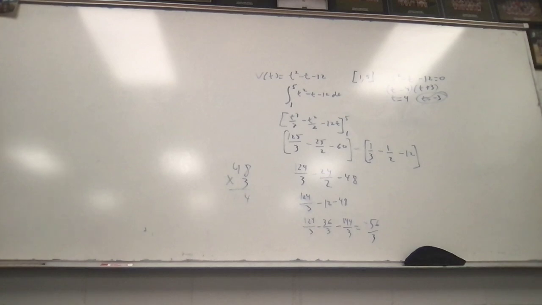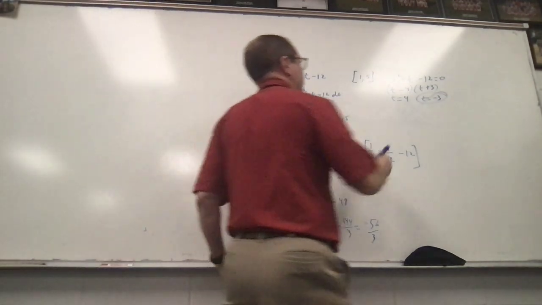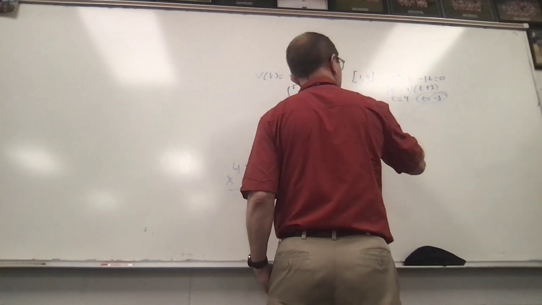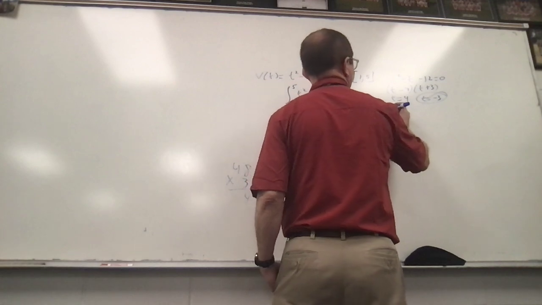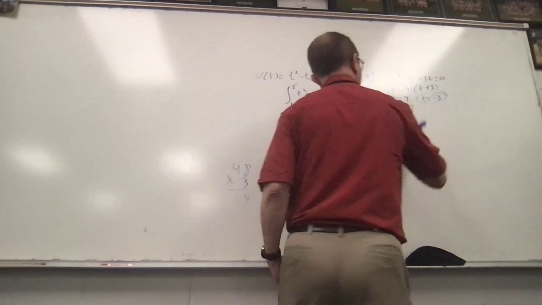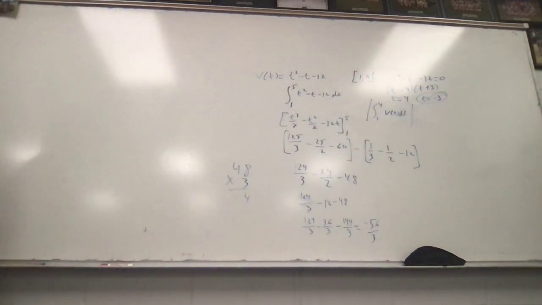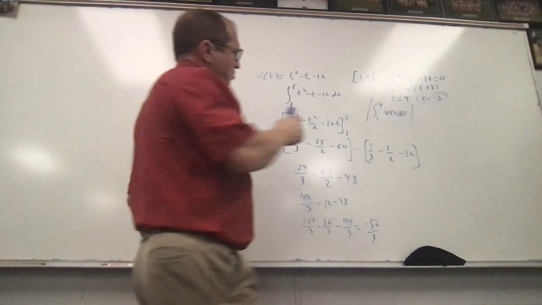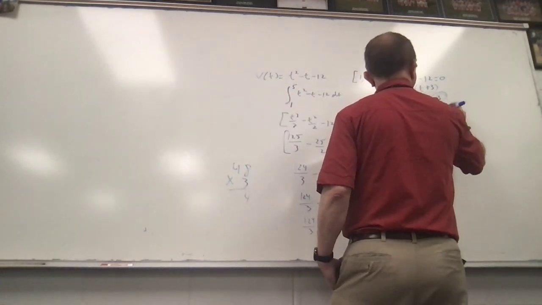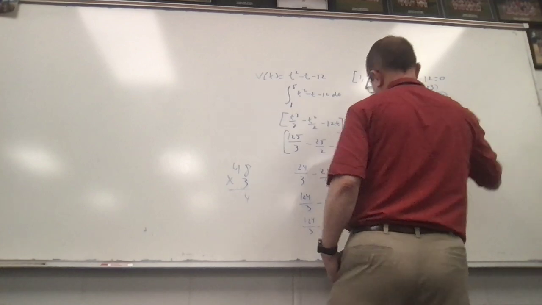But 4 is. So from 1 to 4, we need the absolute value of v of t, because from 1 to 4, our graph would be below the x-axis. So we have to calculate that and then add it to the integral from 4 to 5 of v of t dt.